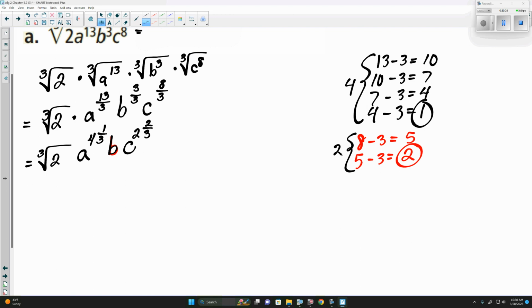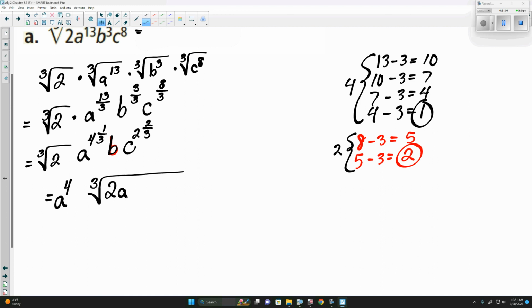So let's rewrite it back. Well, our 2 didn't simplify at all, so we leave the 2 inside the radical. A, how many come out of the radical? How many A's come out? How many A's stay? 1, because we had 1/3.